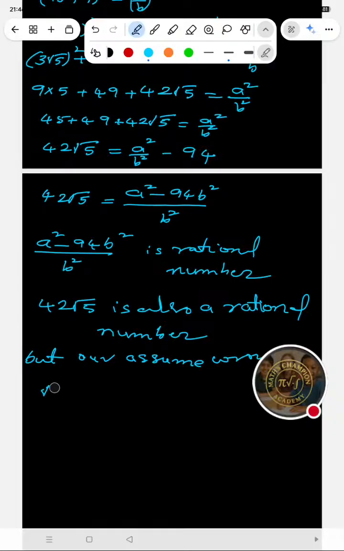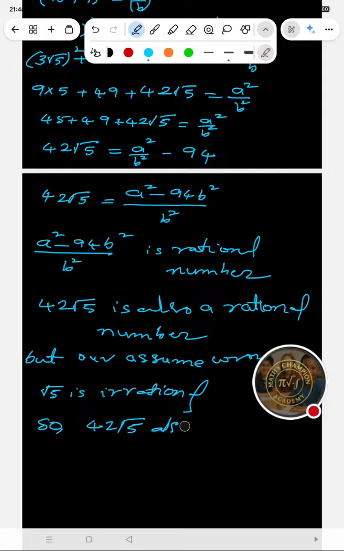We know that root 5 is an irrational number. So 42 root 5 is also an irrational number.